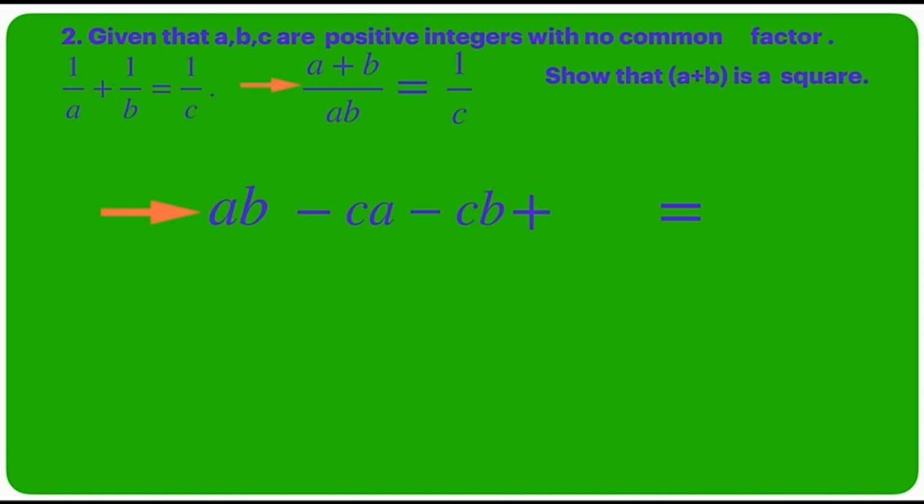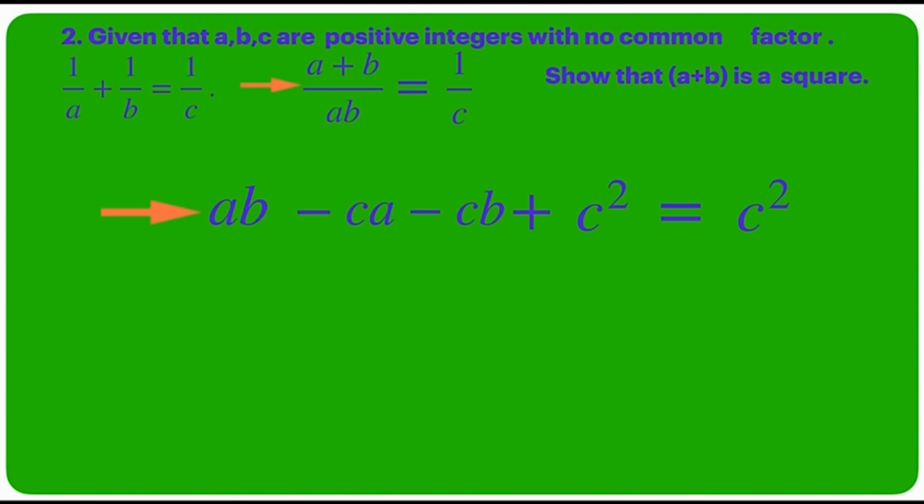Sorry, here c square will be the fourth term, because for c square we can take the common c, and therefore b minus c will be the common factor, because there is cb.